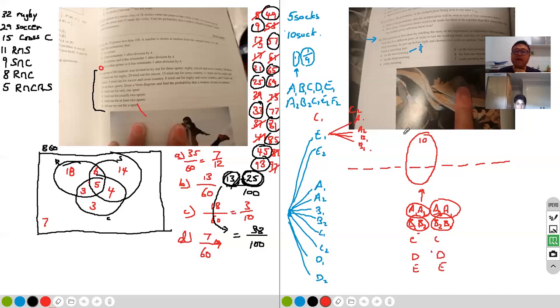And then how many socks can you choose here? So for the first day? 10. How many socks can you choose here? 9. 8. And then 7. And then there's 10 ways of choosing the right socks that we want. Oh no, sorry, it won't be.